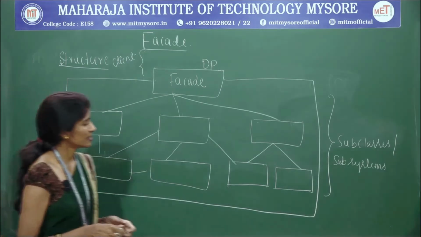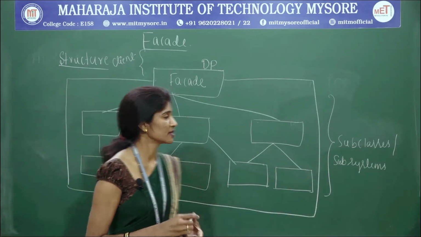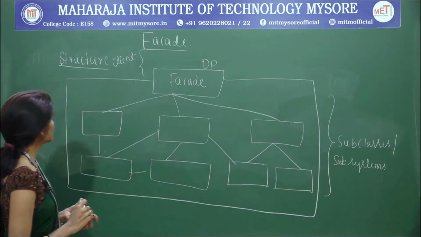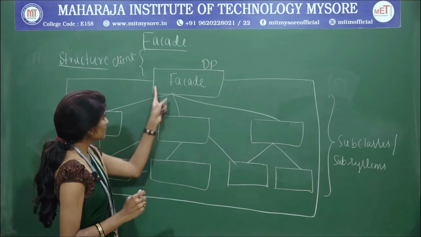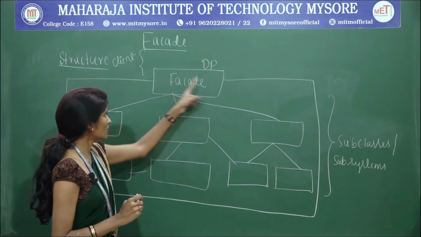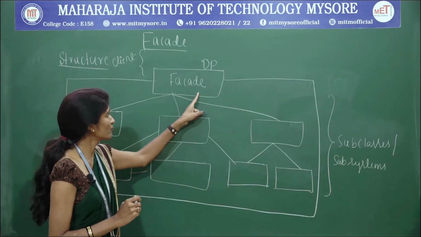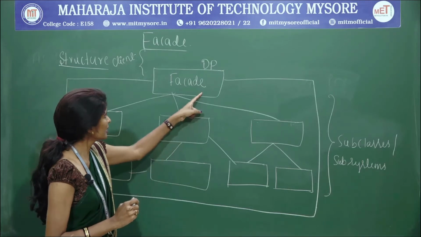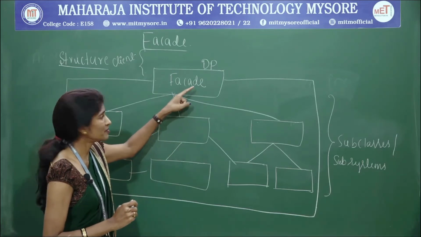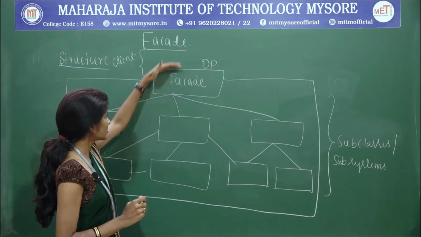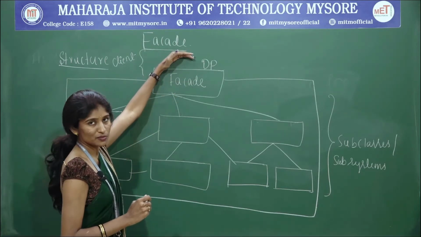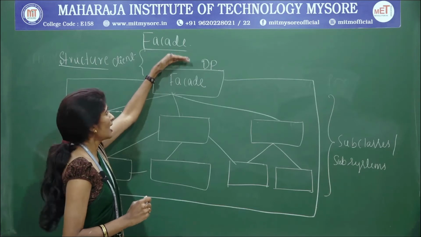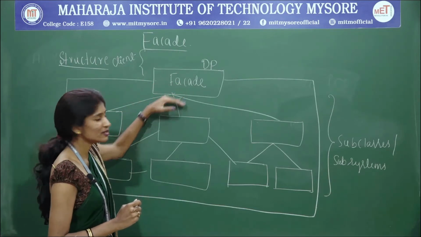Okay. So in this diagram you can see the structure of the facade design pattern. Here this facade box tells us we have used the facade design pattern. So it is an entry point between the client and the subsystem. It is an exit point for the client systems, meaning the main systems, and it is going to be the entry point for the subsystems.